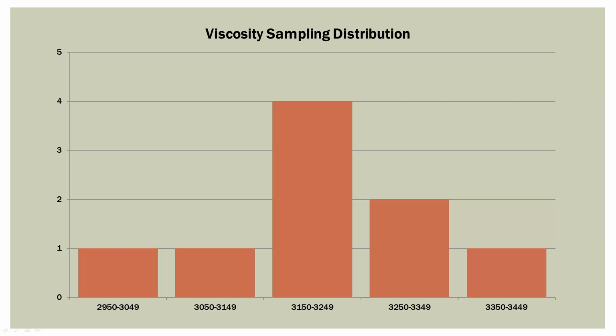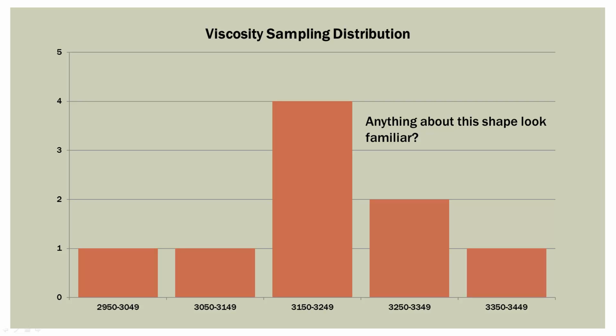Now when we do that, we come up with a histogram that looks like this. So again, we have each range at the bottom and then the counts on the left-hand axis, the vertical axis. So we can see 1, 1, 4, 2, and 1. Now, does anything about this general shape look familiar?